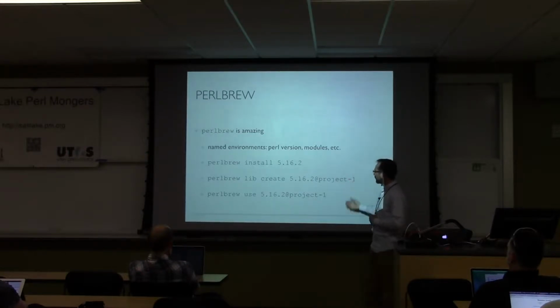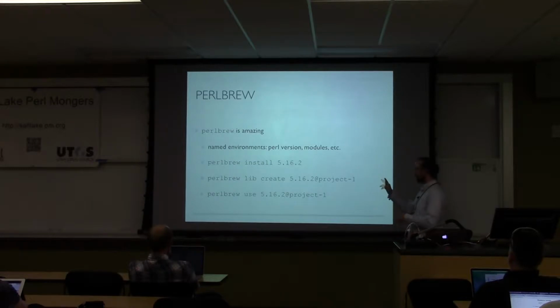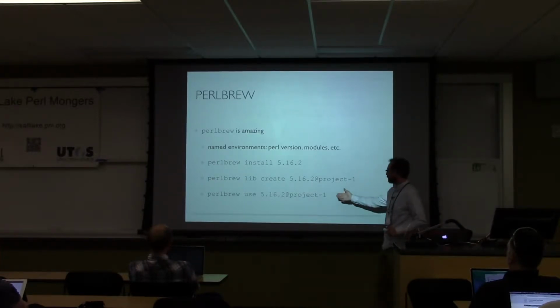Once you've created the library, you use it. There are two commands, use and switch. They're almost identical. Switch sets a variable that is read every time a new shell starts. Use is only good for your current shell session. So you would use that project.